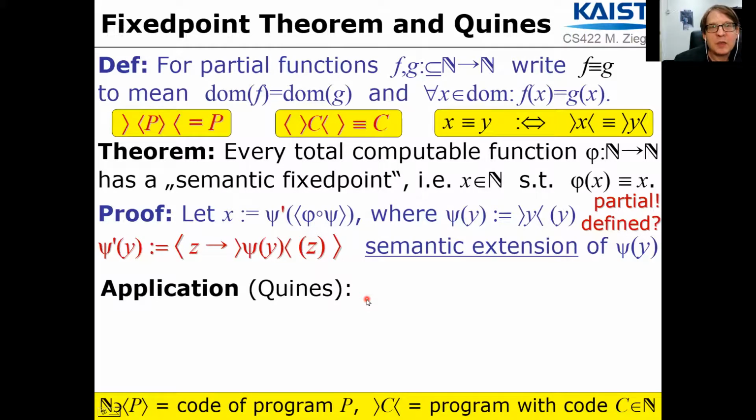So let's remember, what is a Quine? A Quine is a program that outputs its own code. In the quiz, code referred to source code, but now in the abstract setting, it really means a natural number. Remember, the code of a program is a natural number.